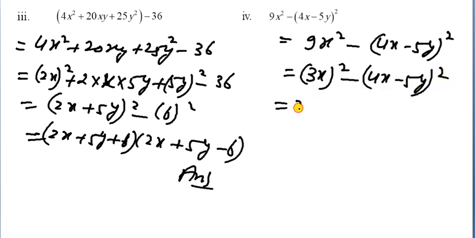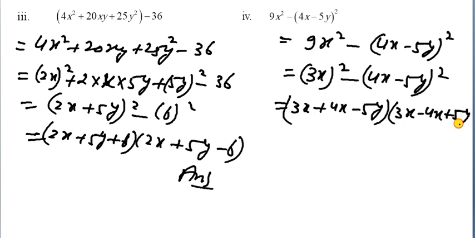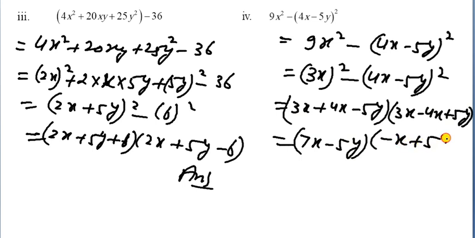So once again it is 3x plus 4x minus 5y, and in the second bracket you have to write here 3x minus 4x and change their sign, that is plus 5y. Let us see what will happen: 3x and 4x, that is 7x and minus 5y, and in the second bracket it is minus x and plus 5y.